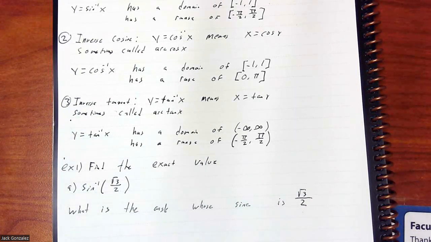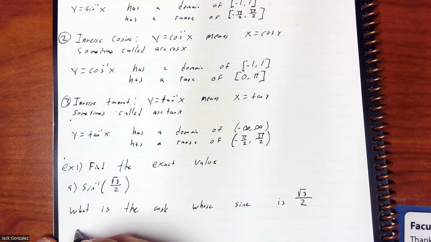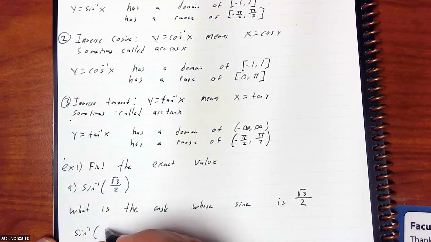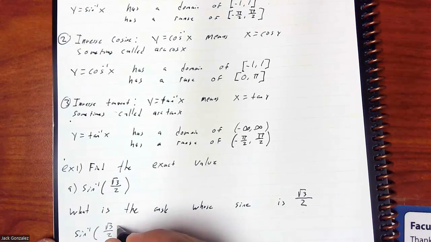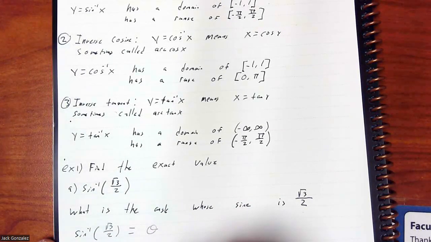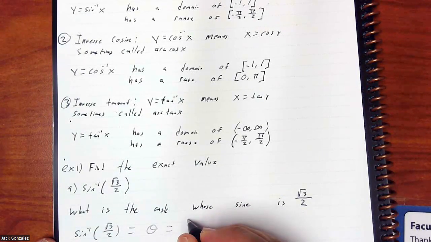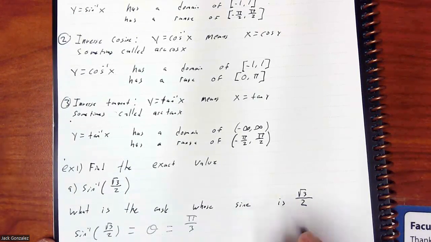Looking at your circle, which angle gives you a y value of square root 3 over 2? Yeah, it's going to be pi over 3 or 60 degrees, same thing. So sine inverse of this value gives me an angle, and that angle happens to be pi over 3.